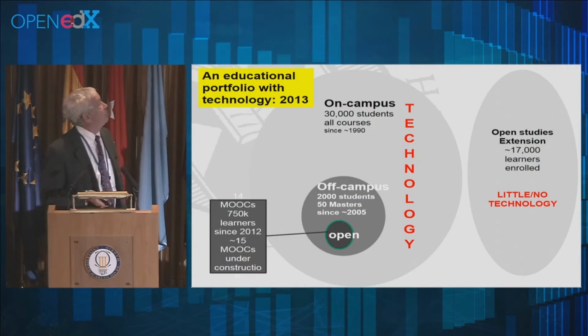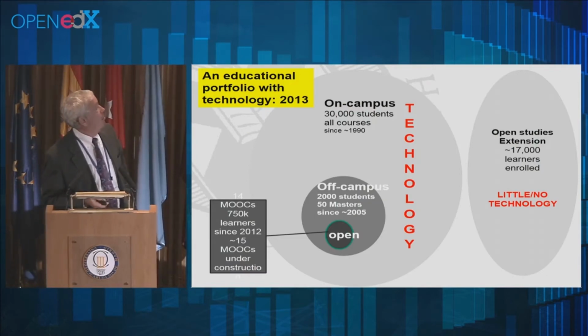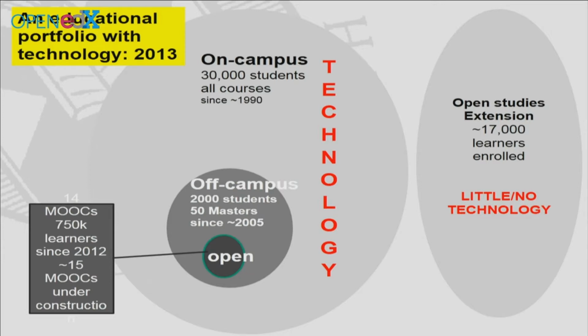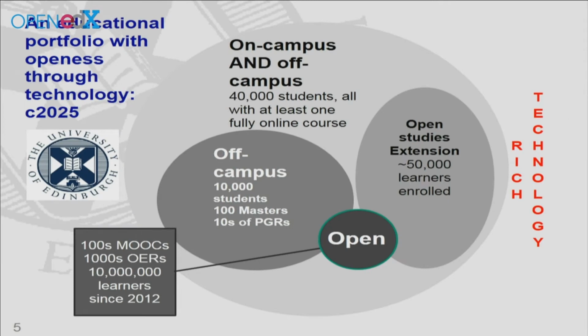This is where we were 3 years ago. We're about 50 masters with a population of about 2,000, about 750,000 MOOC learners, almost nothing in open studies. This is where we are very comfortably going in 2025. All I can tell you is we'll be there earlier.